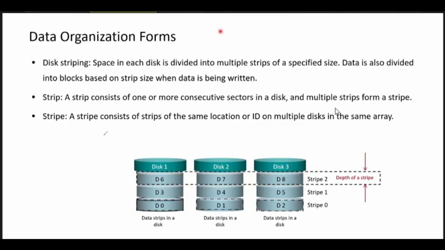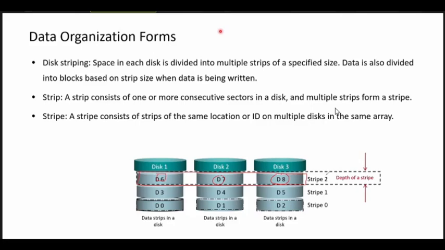So if you have, in this sequence, 3 disks in an array, 3 strips are 1 stripe. Makes sense? So generally speaking, with 3 disks in the array, the strips D6, D7, and D8 will become maybe stripe 2. Okay.